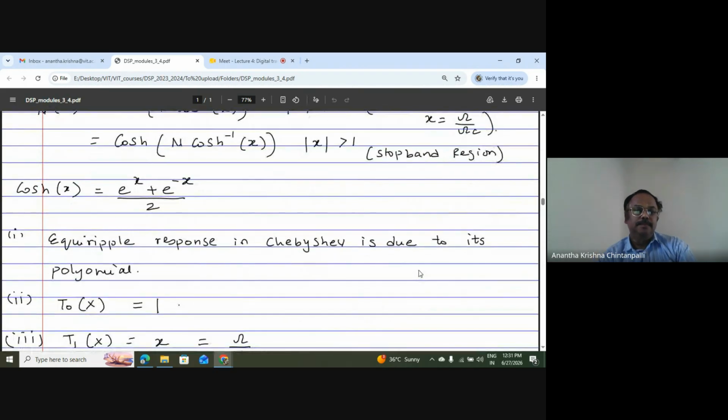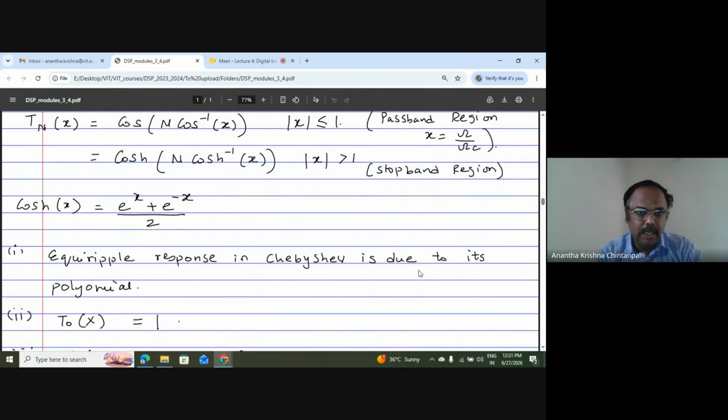Okay. Now, the equiripple response in Chebyshev is due to the polynomial, which I think we already have an idea about. To get a more intuitive idea about this nth order polynomial, I'm just going to substitute values of n.